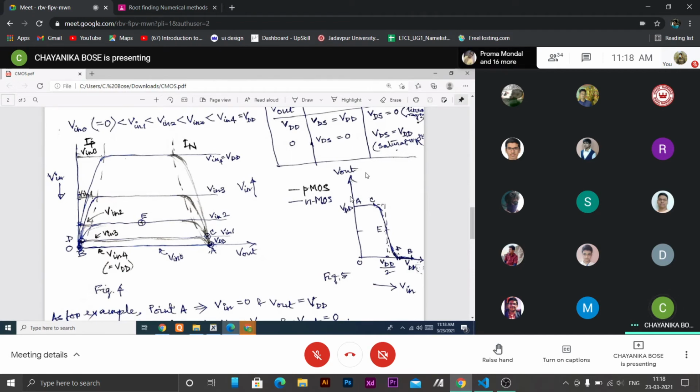Of its noise margin. If our input is, it is a digital circuit, so output will be 0 or 1, and input will be 0 or 1, and output will also be 1 or 0. So if our input voltage is 0, but due to some noise it varies continuously, then our output transition will not take place.